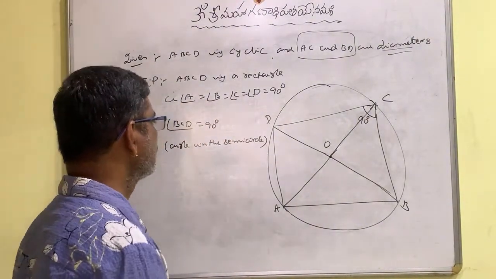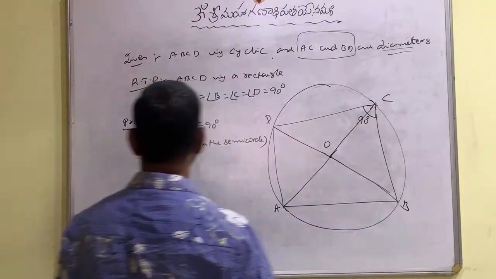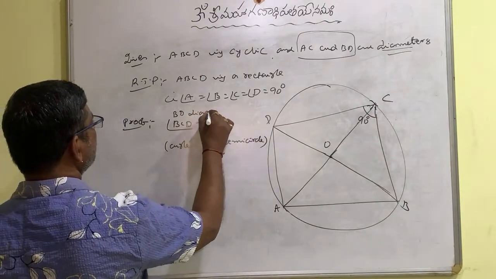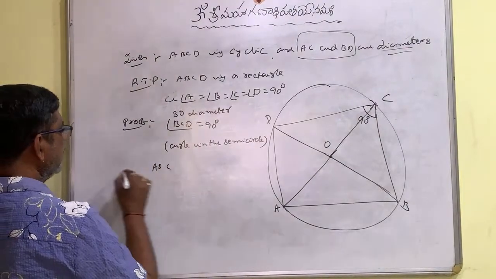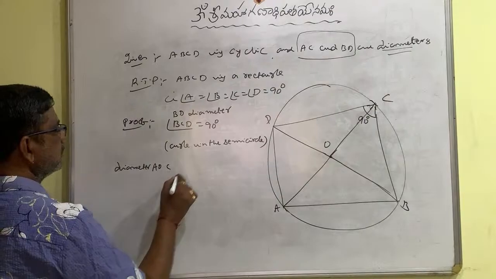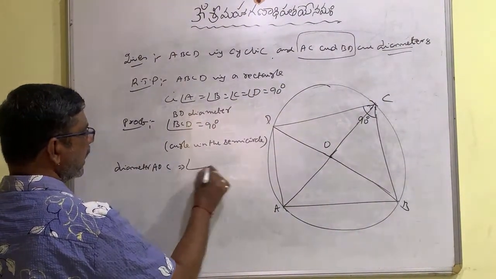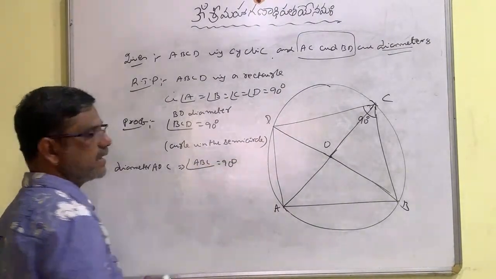Now, consider AC, diameter AC. Angle ABC is 90 for the same reason.